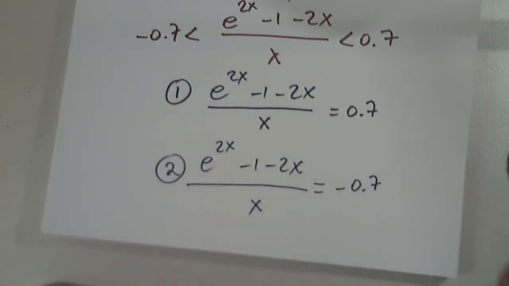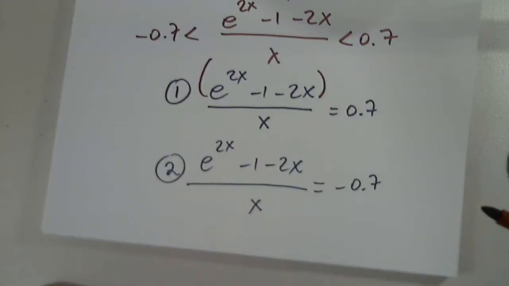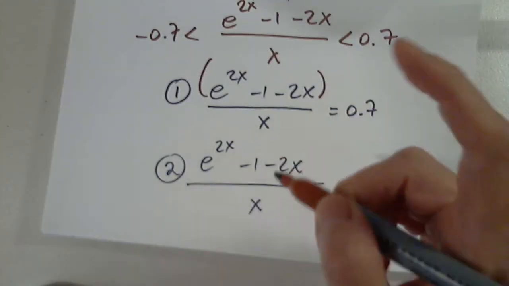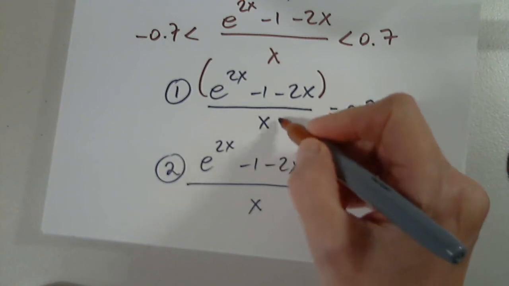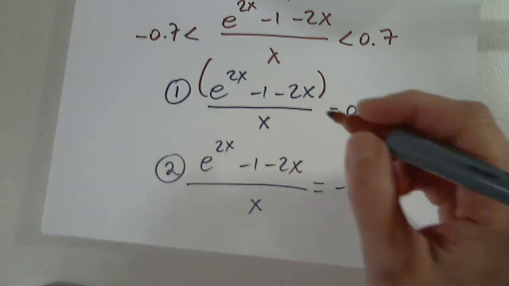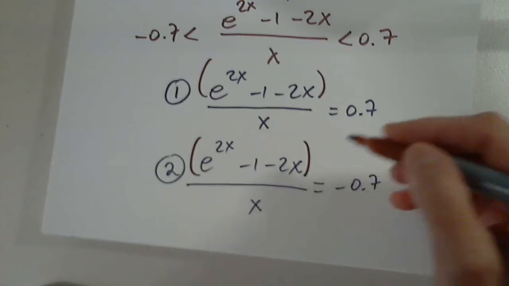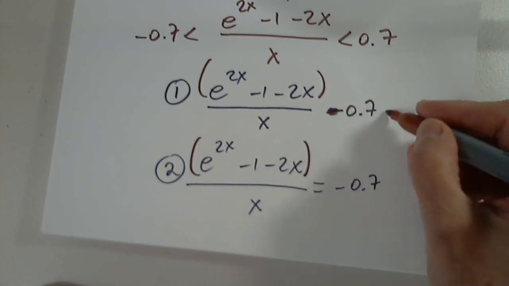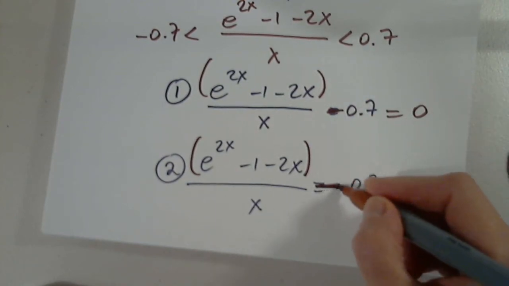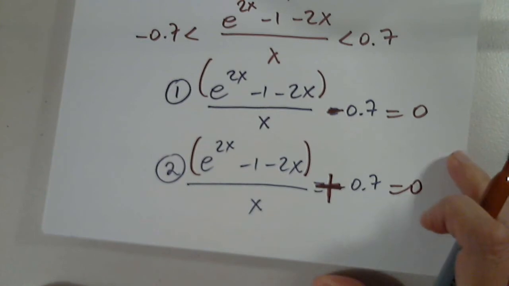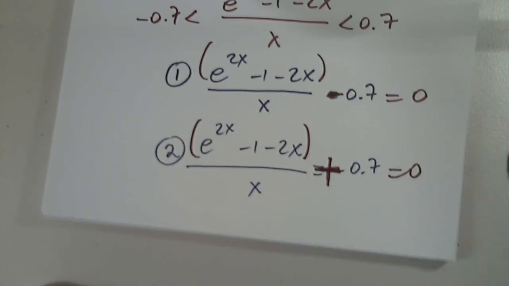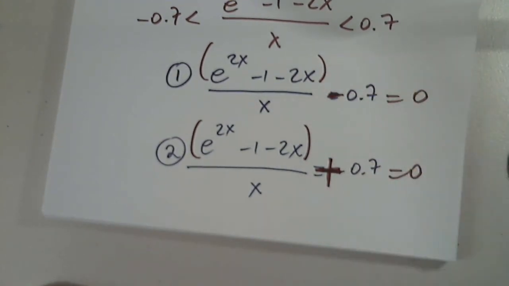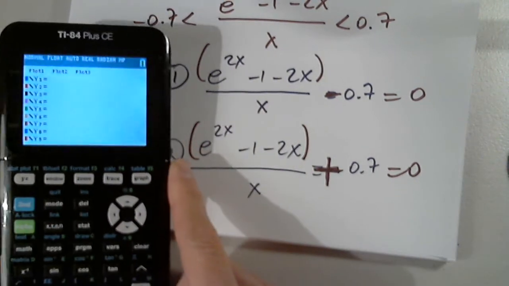When you put this in the graphing calculator, you have to have parentheses around the numerator. Because the denominator is just one term, it's okay without parentheses, but the numerator needs parentheses. And then I'm going to subtract this and then add this. Completely separately, I'm going to solve the first one and the second one. Okay.